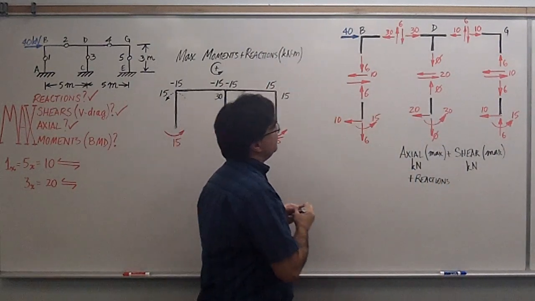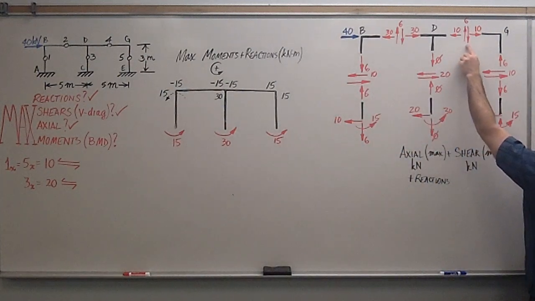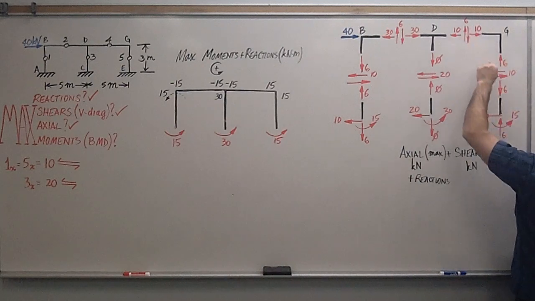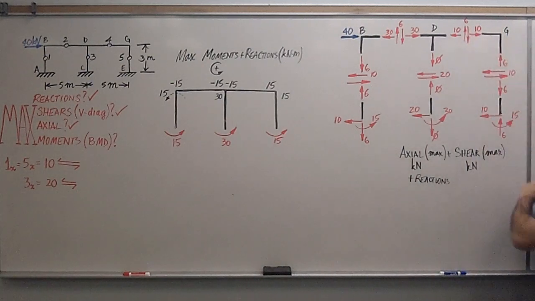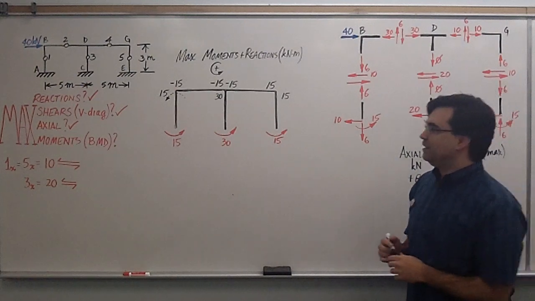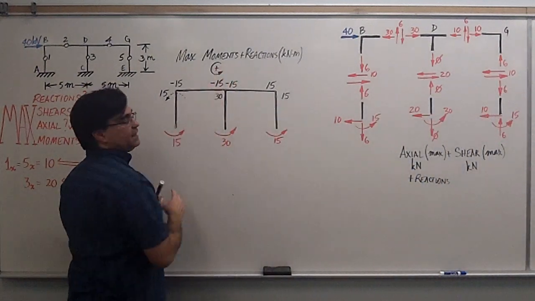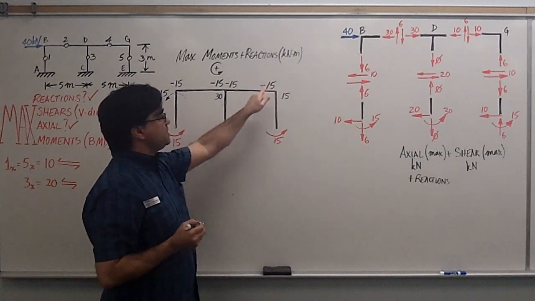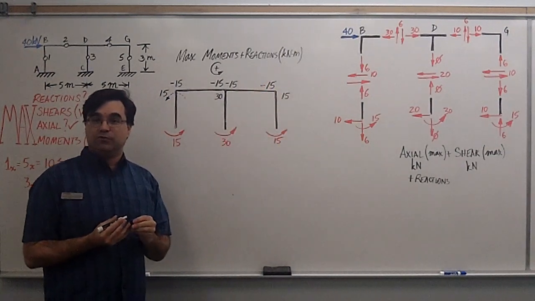That's promising. This moment wants to turn counterclockwise. That means that the reaction at this end has to be in the opposite direction, which is clockwise. Clockwise is negative. And look at this. They now balance out to give you 0.